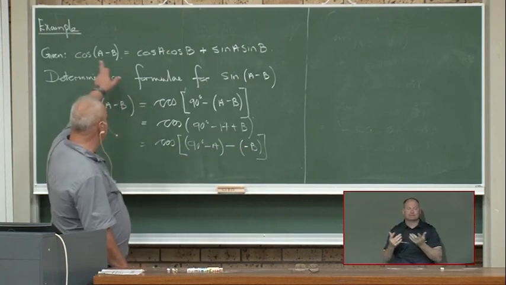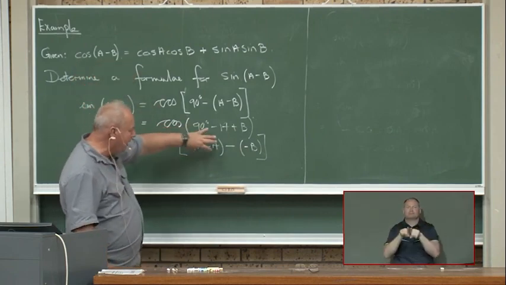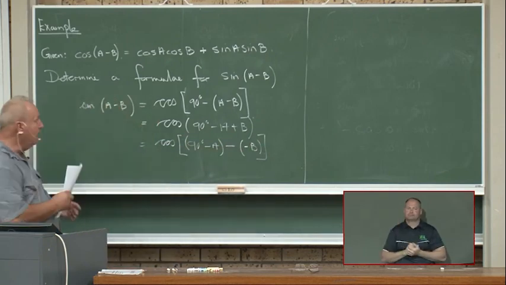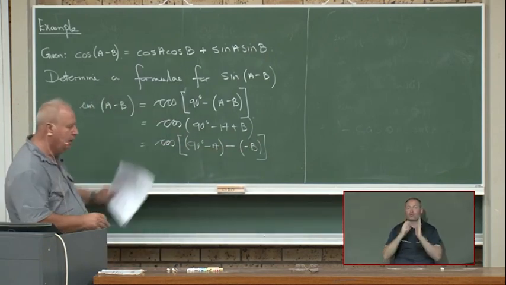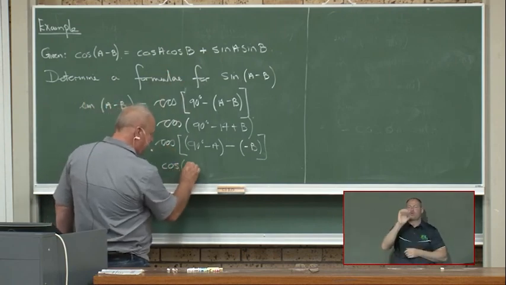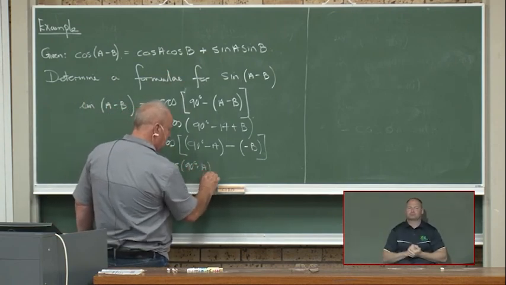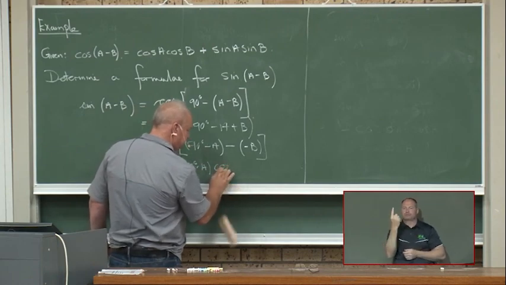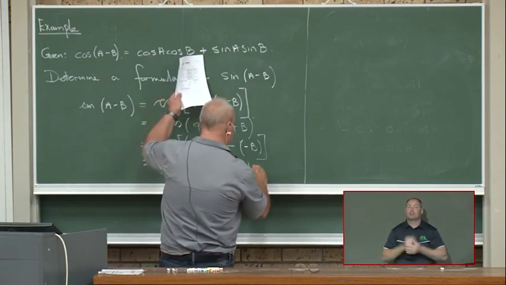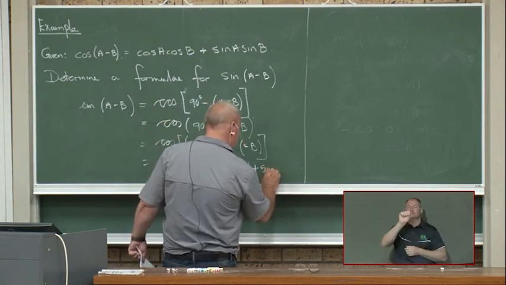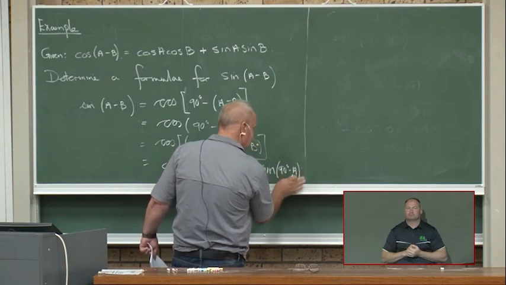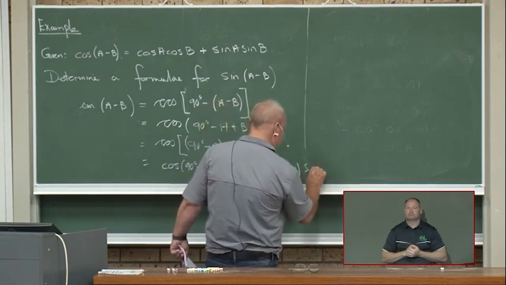Now it's equal to the cos of an angle minus an angle, where A is in the first angle and B is in the second angle, correct? Now I can just follow this rule. What is the rule? It's cos the first, cos the second, plus sin the first, sin the second.